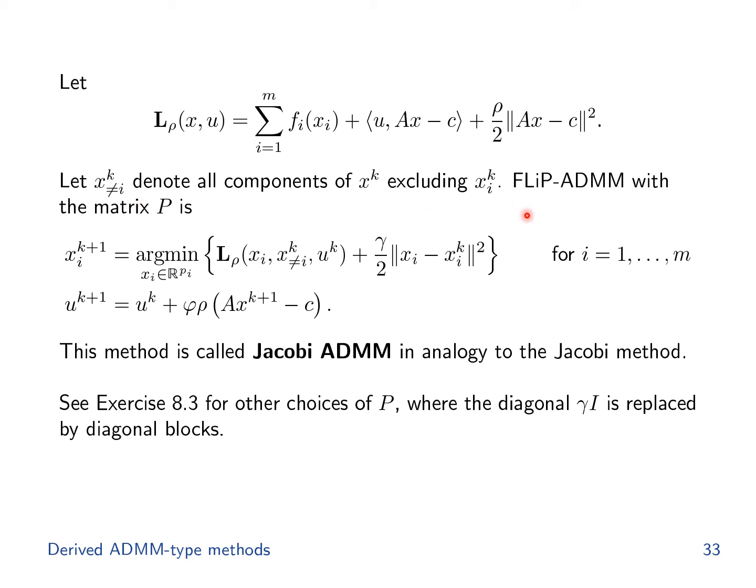Then FLIP-ADMM with that matrix P, removing the function G, setting G to 0, Q to 0, matrix B to 0, will give you this formulation in which the X update automatically breaks into m parallel updates, where the i's block x_i^(k+1) is the result of argmin of this Lagrangian, which uses the k-th version of all the other blocks.